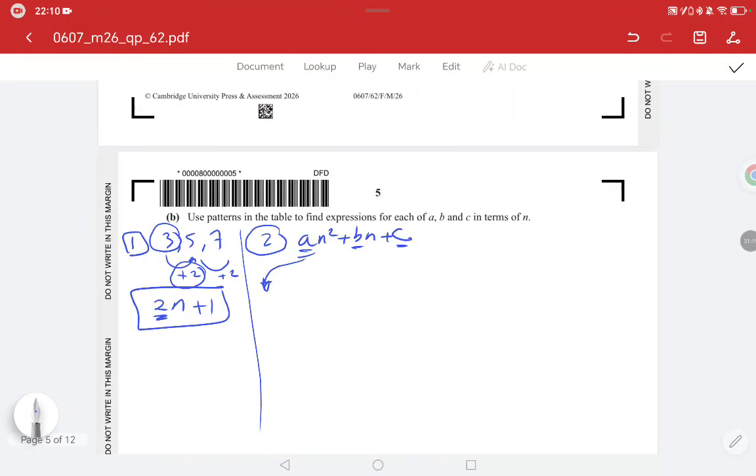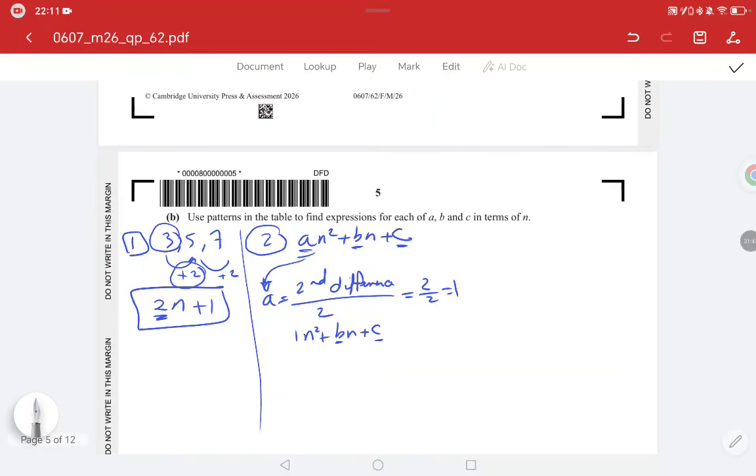In quadratic, a is usually the second difference divided by 2. The second difference here is 2, so 2 divided by 2 is 1. So now we know for sure that it's 1n squared. I'm showing you that a is 1. So we need to find b and c.